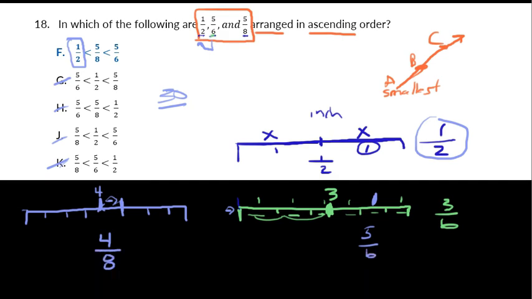All right, then the slowest way of all is to take 1/2, 5/8, and 5/6. And you look at the denominators and you have to put them in some type of common denominator format and then compare the numerators. So we start with the largest one here and look for the common denominators.